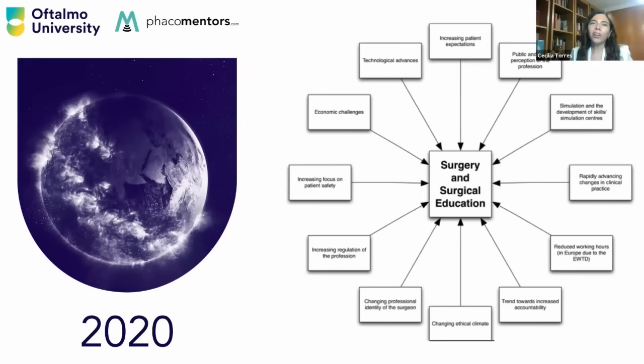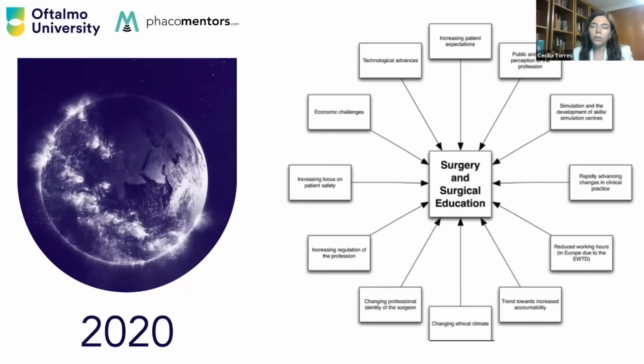Other changes are technology. When I studied, technology was not what we have today. It was difficult. We had real search when we were operating. Now you have Centurion, now you have Active Sentry, now you have technology which makes everything easier. Easier not only for the skilled surgeon, but easier for the resident.